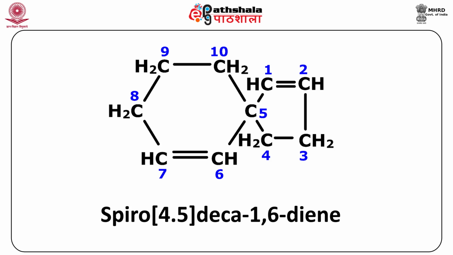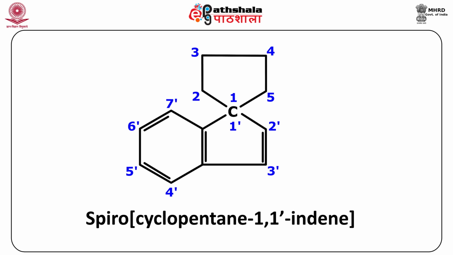There are 4 and 5 carbon atoms in the 2 rings excluding the spiro center. Therefore, we write 4.5 inside the square brackets, and hence this spiro compound gets the name spiro[4.5]deca-1,6-diene.